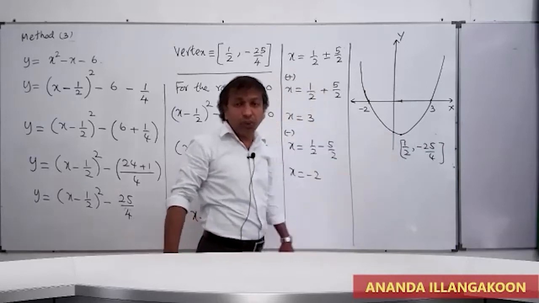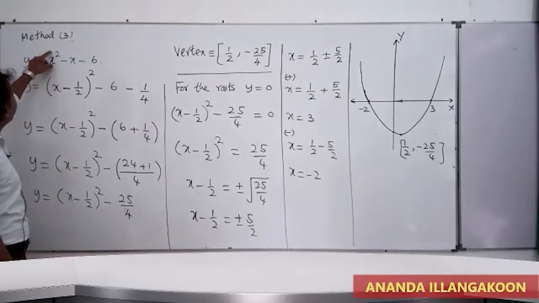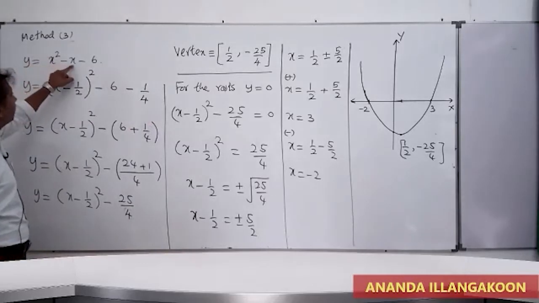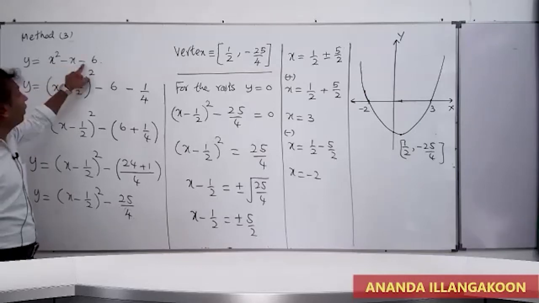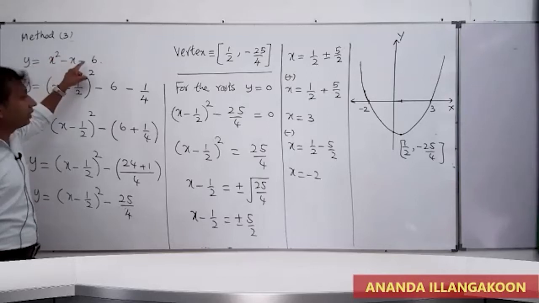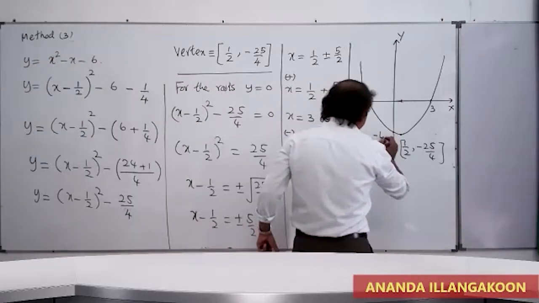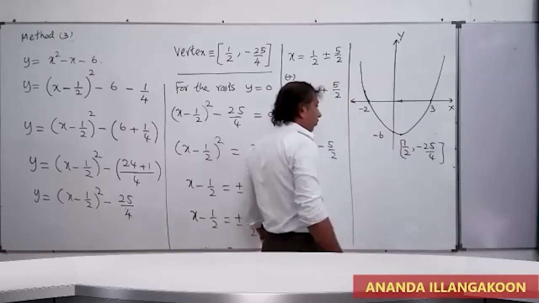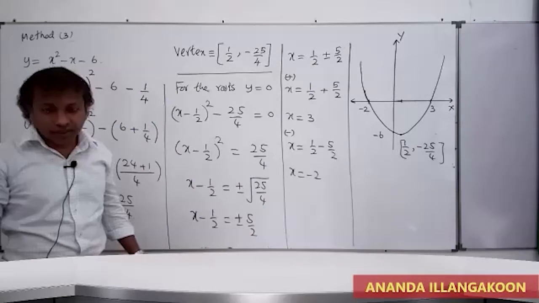At this point, you know, x is 0. Put x equals 0 here. 0 squared is 0, minus 0, 0 minus 0, 0. Only minus 6 we get on the right hand side. Therefore, y equals minus 6. Right. So this point is minus 6. We drew it, right? Yeah.